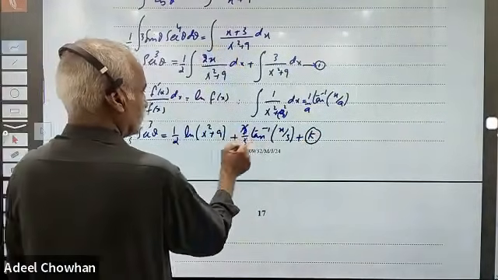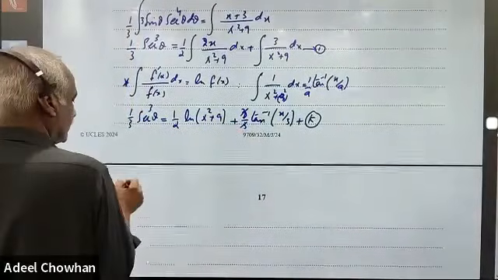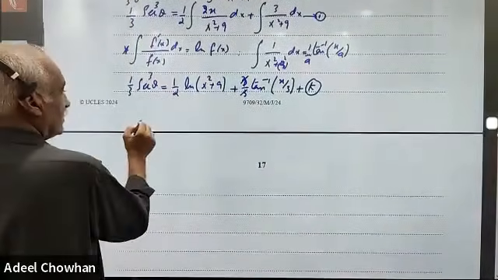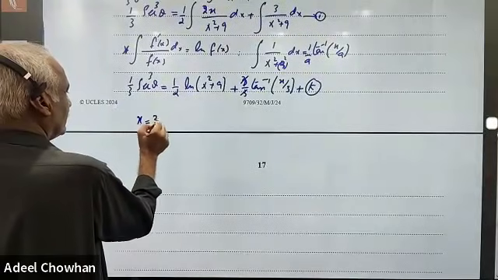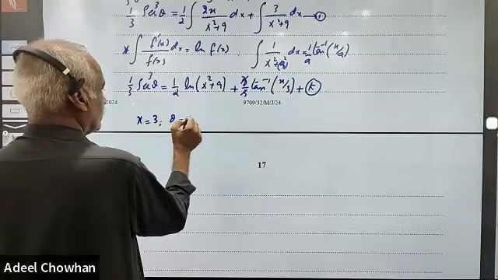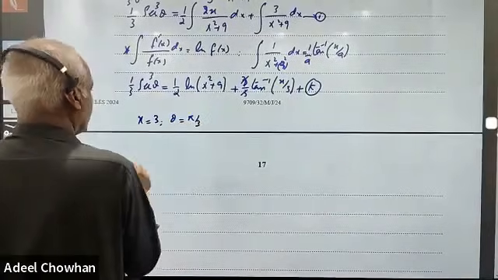This 3 and 3 cancel out, but there are limits there, and those limits are x equal to 3 and theta equal to pi by 3.